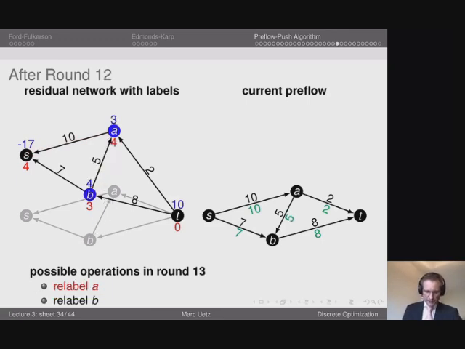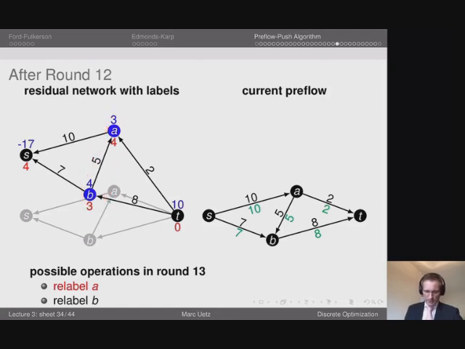And then we again have an excess of 3 at B and an excess of 4 at A. We have 2 active nodes again. That, by the way, shows also one thing. The number of active nodes is not monotonically decreasing in the course of the algorithm. So we have 2 active nodes again.